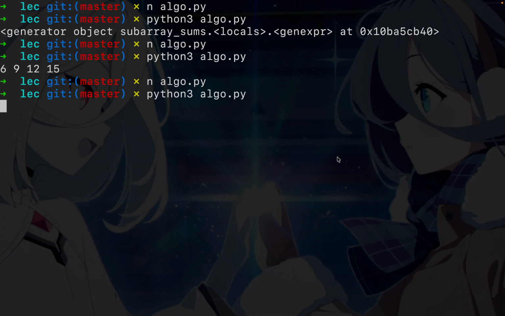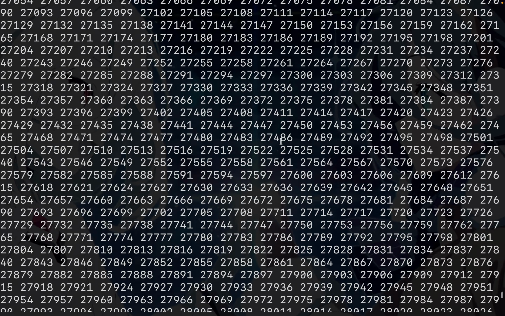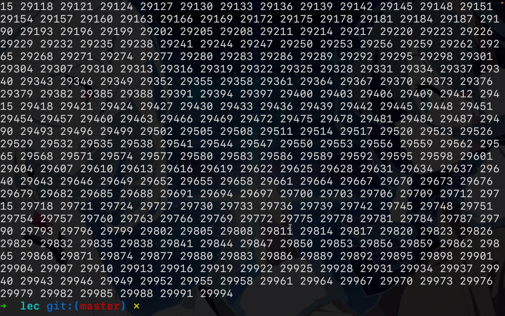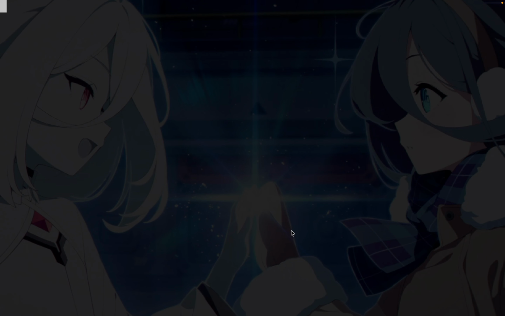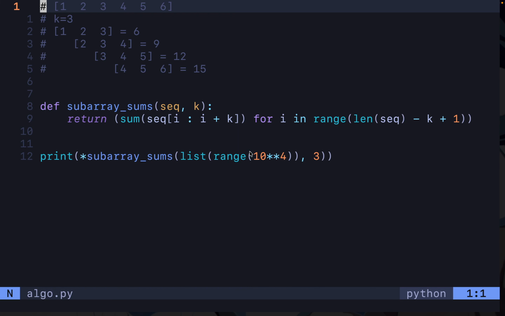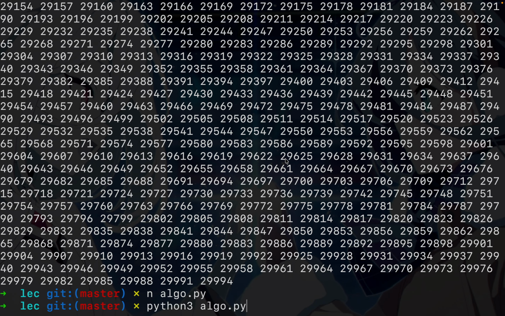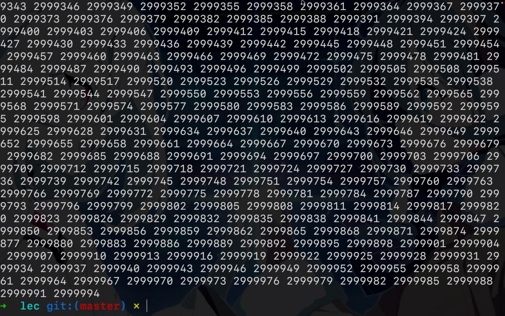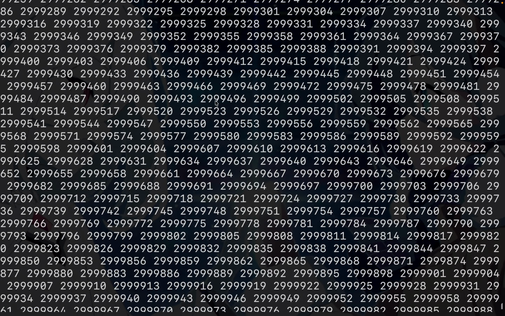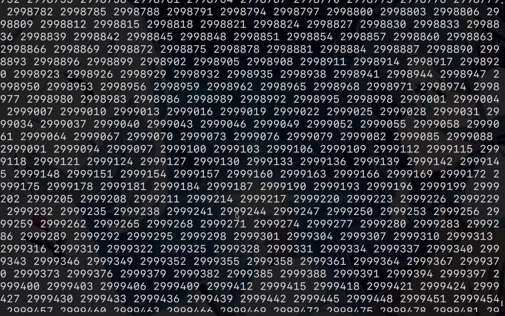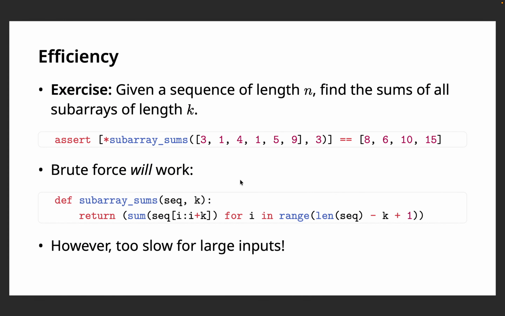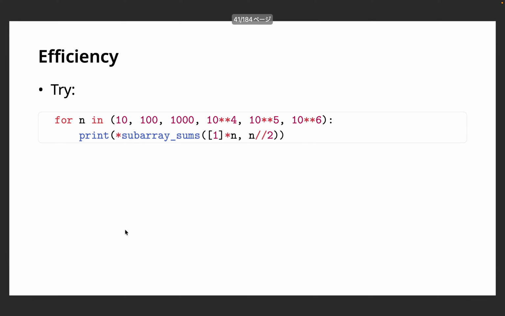So if I run that, you'll see that it takes a bit since it has to print out all of the stuff here. If I make that input even larger, let's say 10 raised to 6, then as you'll see, it's going to take a bit before it actually outputs all of these. So the point is, this is going to get slower and slower for large inputs.